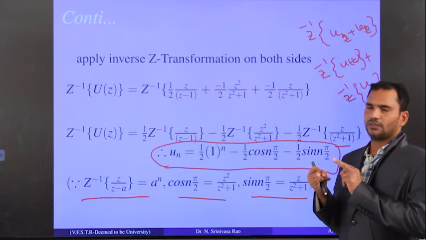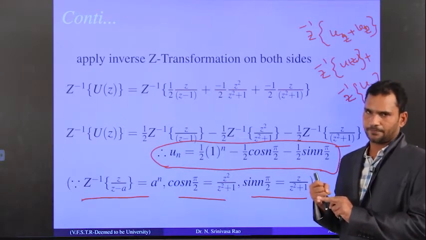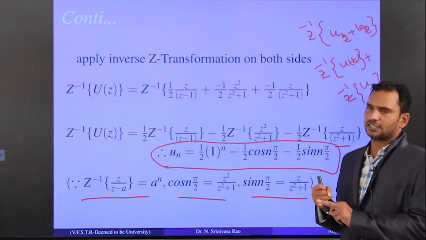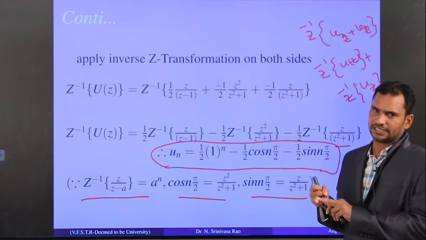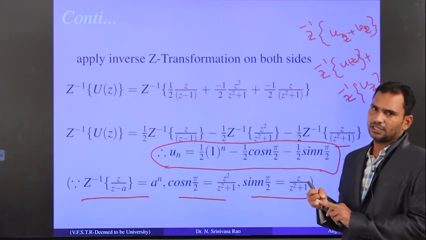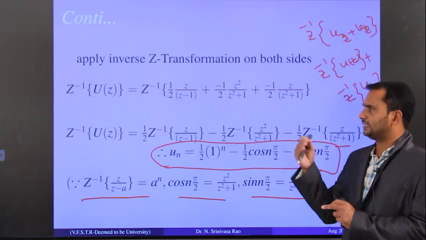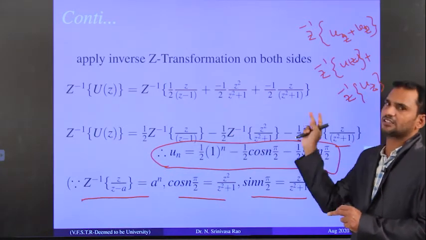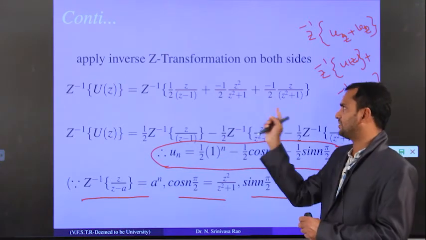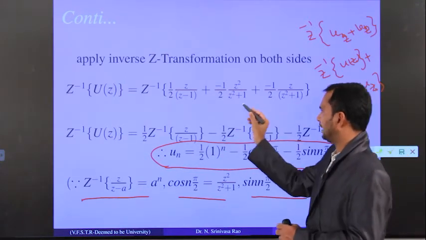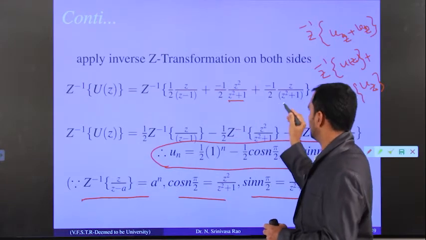First, you have to do partial fractions. Once you do partial fractions, you find the constants a, b, c. Once you find the a, b, c values, you substitute, and the next step is to apply Z inverse on both sides.